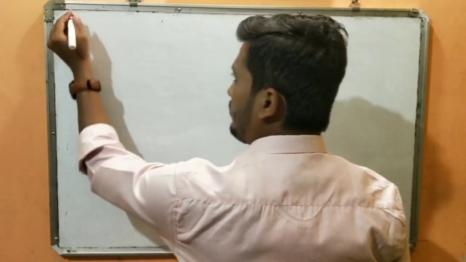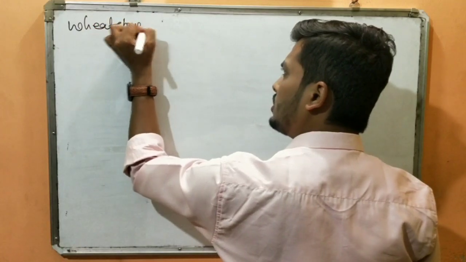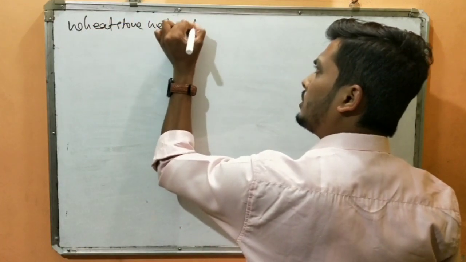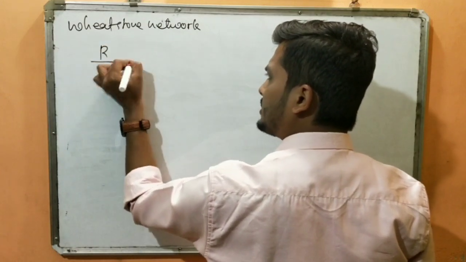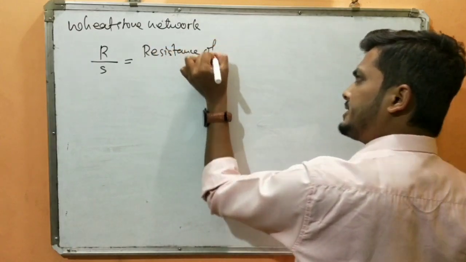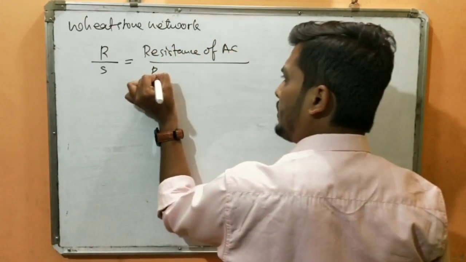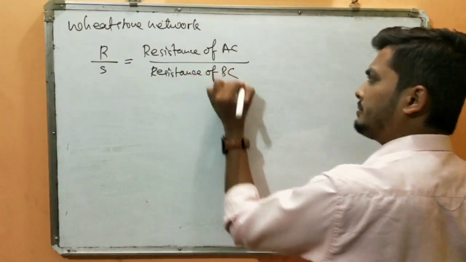Now from the Wheatstone network, can I write R by S equals the resistance of AC divided by the resistance of BC?